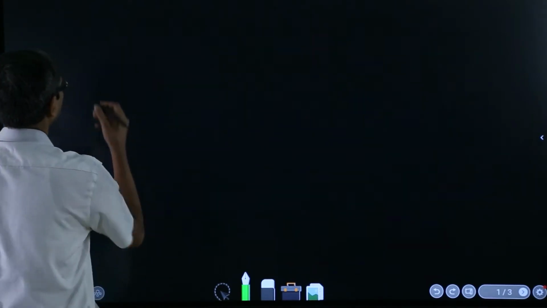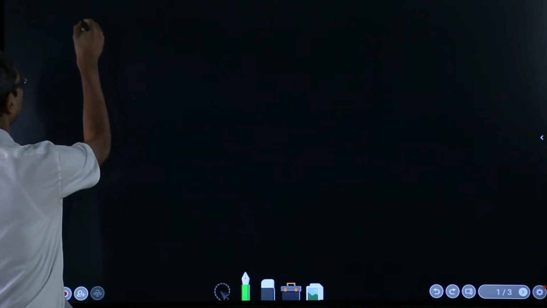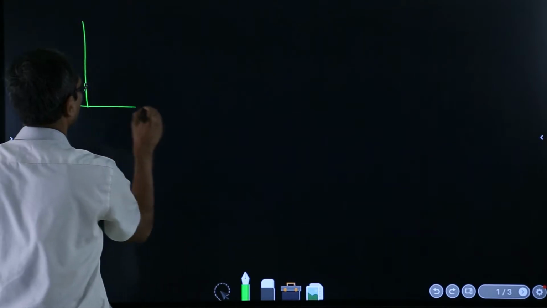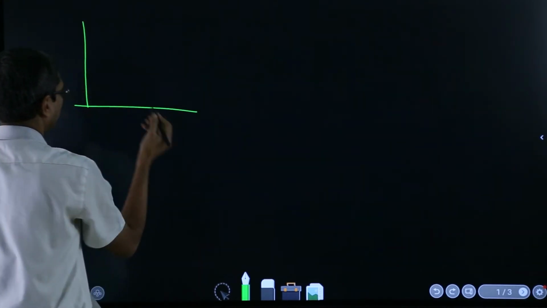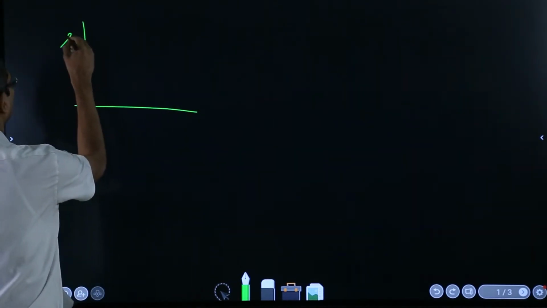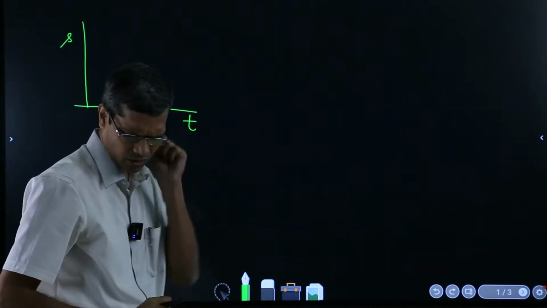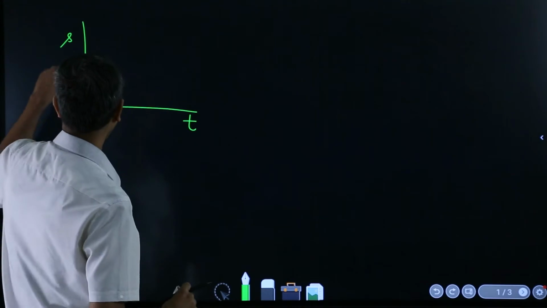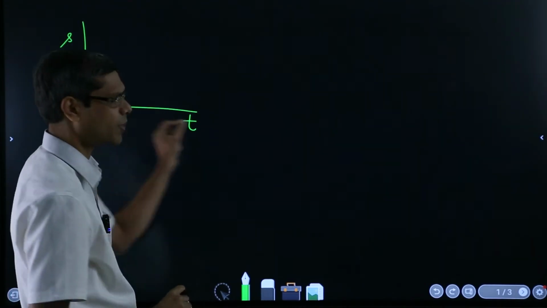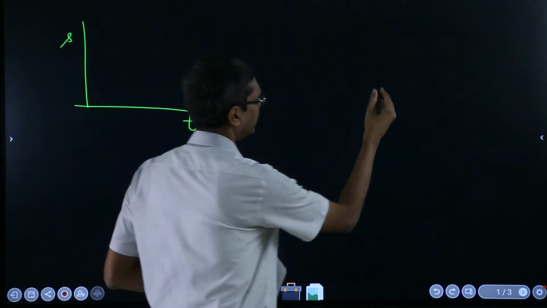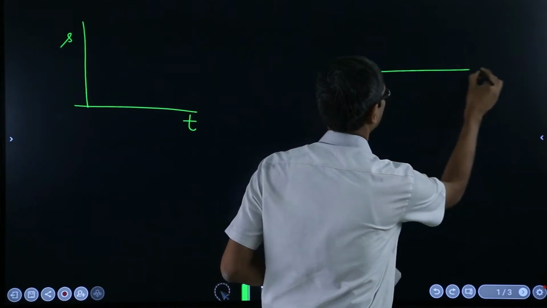To start with, suppose we have a graph between the displacement, or the position coordinate, of a particle. A particle is moving on a line, so it is a rectilinear motion.